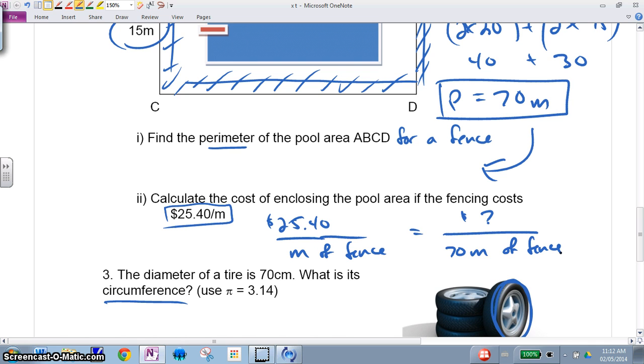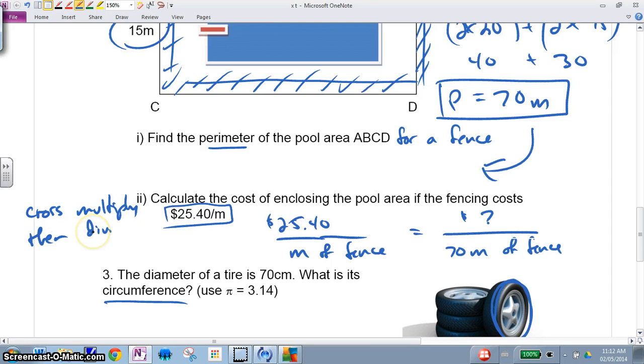That's our proportion. So now we solve by cross-multiplying, then dividing. So now we can do our 25.40 times 70 divided by 1. We get our total cost of fencing in this case, $17.78.